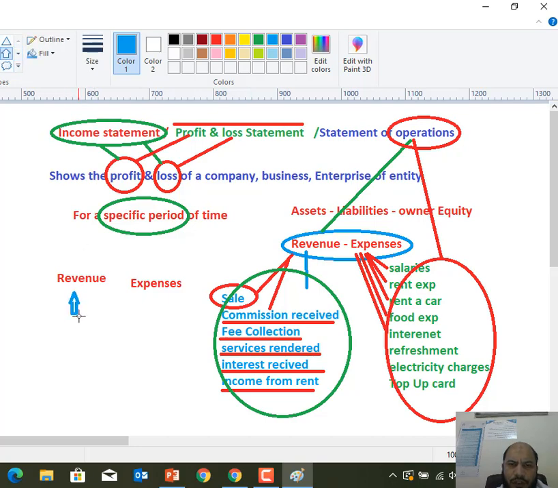If your revenue is this much and in the same way your expenses is, for example, this much, so see there is a difference.